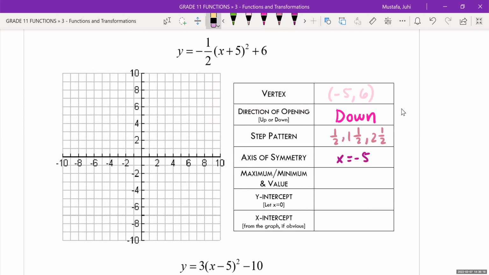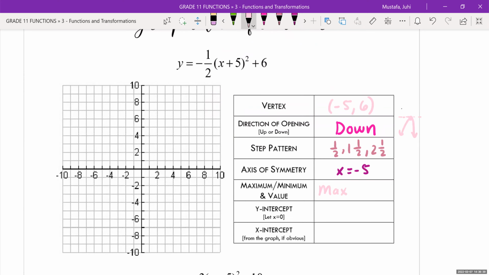Okay, maximum, is it a maximum or minimum? Well, for that, you can just think about if it opens up or down. If it's opening down, the vertex is as high as possible. So it's definitely going to be a maximum. And if we're trying to figure out where does it occur, like where on the y-axis is this vertex hitting?